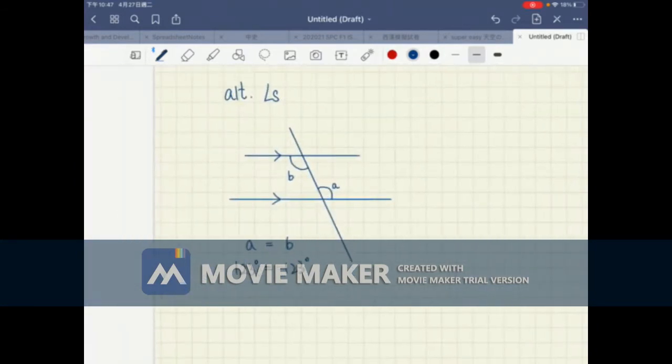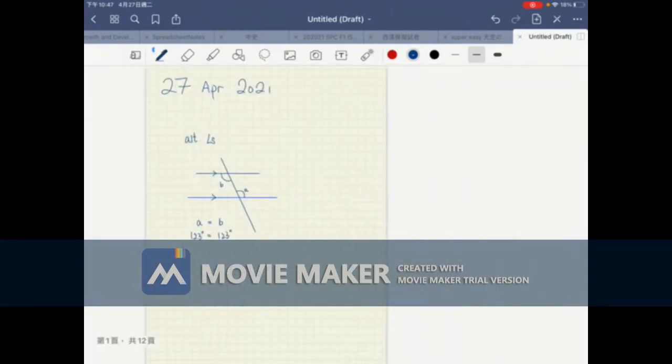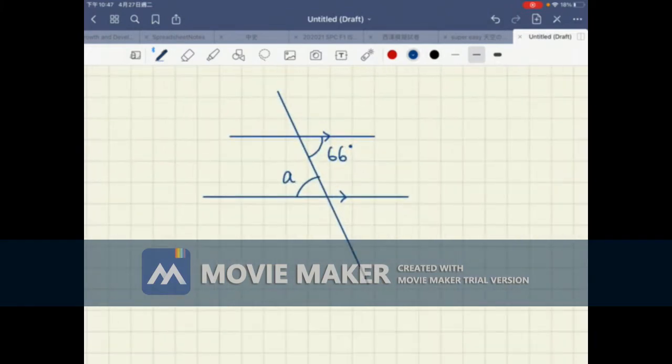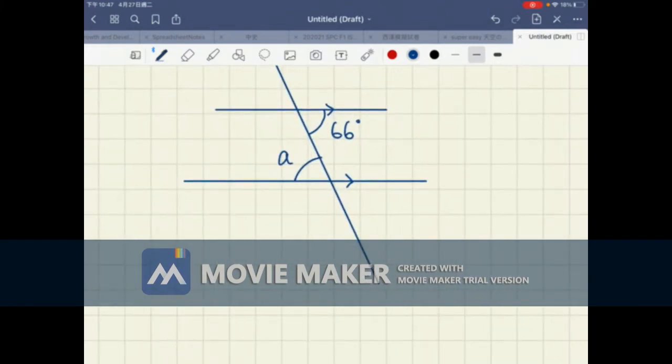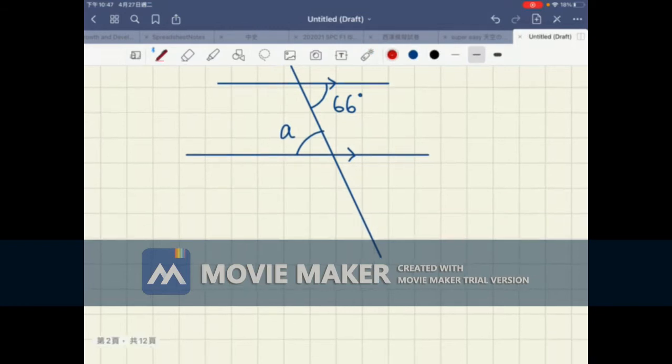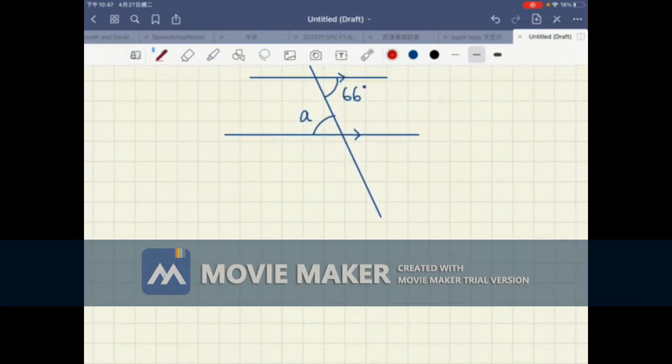Let us look at a few examples. First one, we know that this angle is 66 degrees. We need to find A. It is very easy, one step. Remember, every time we are doing this, we also need to explain the reason. Why do we know that angle A is equal to 66 degrees?